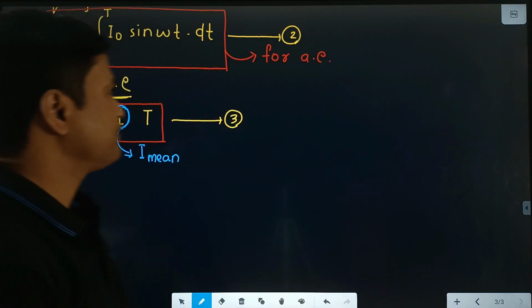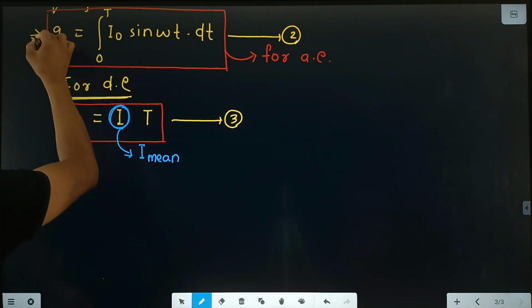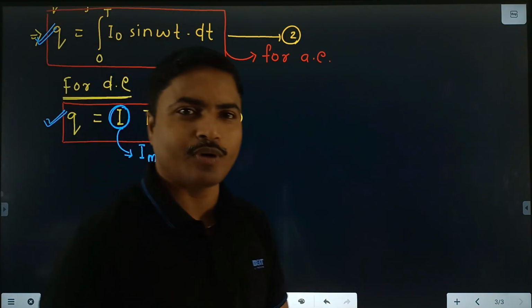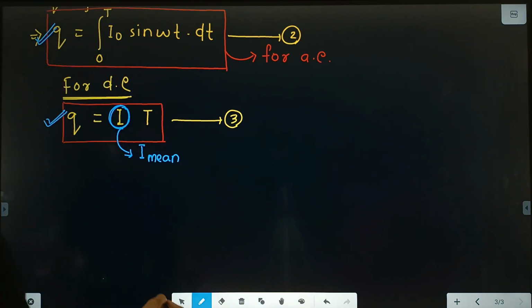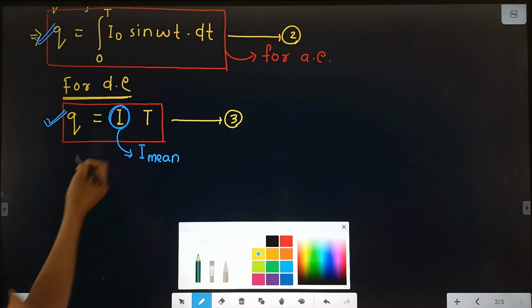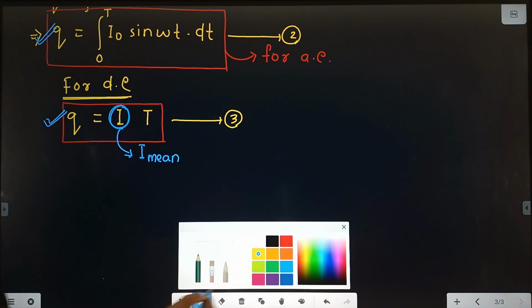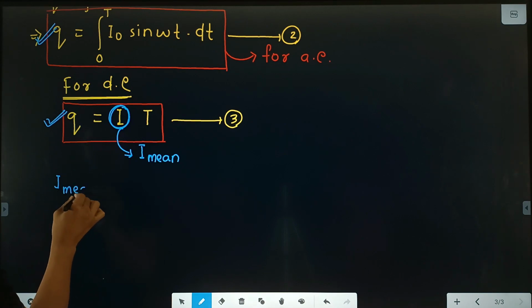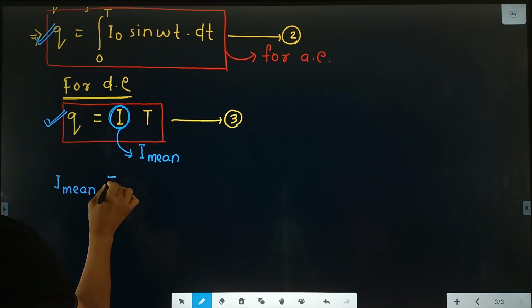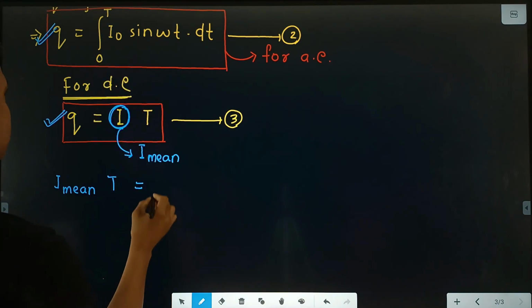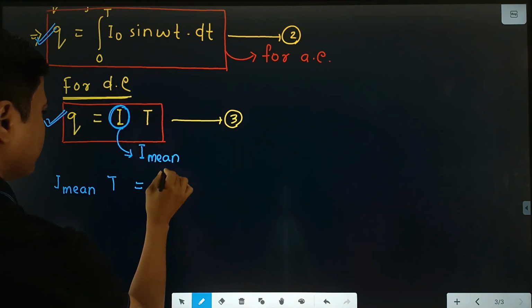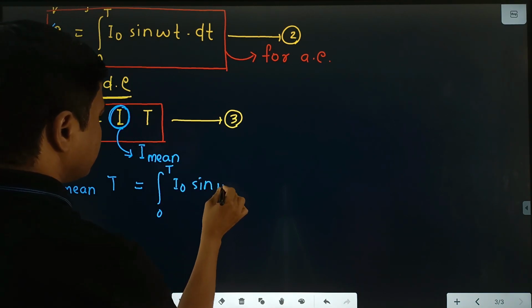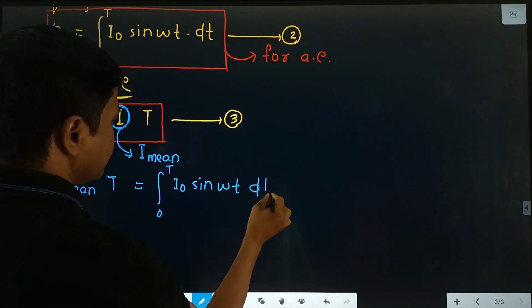Clear? Then equation 2 and equation 3 are both the same. If equation 2 and equation 3 are equal, from equation 2 and 3 we get, in place of I we write I mean, multiplied by time T, is equal to equation 2, that is the integration from 0 to T of I0 sin omega t dt.